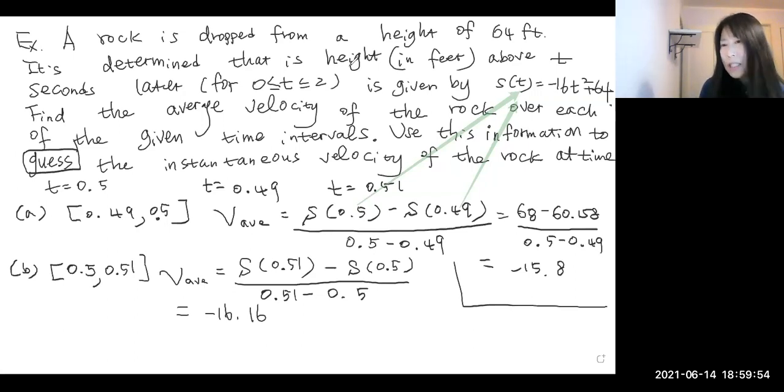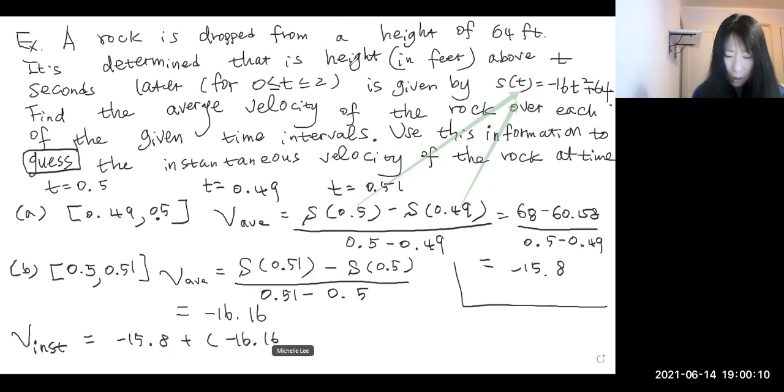Now, how do we find the instantaneous velocity? Let us denote it like this. This will be negative 15.8 plus the second number. We add them, and since it's the average of two numbers, divided by 2, what do you get? Negative 15.98.